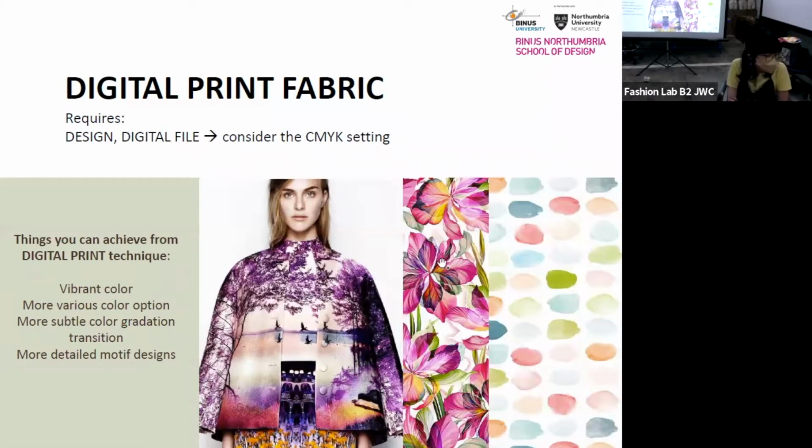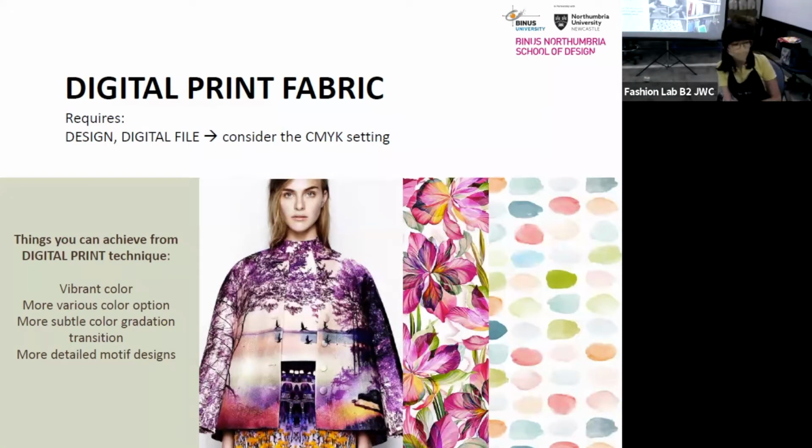So what you can achieve from digital print technique is vibrant color and more various color options, more subtle color gradation transition, and more detailed motif designs. Why? It's different from screen print design.